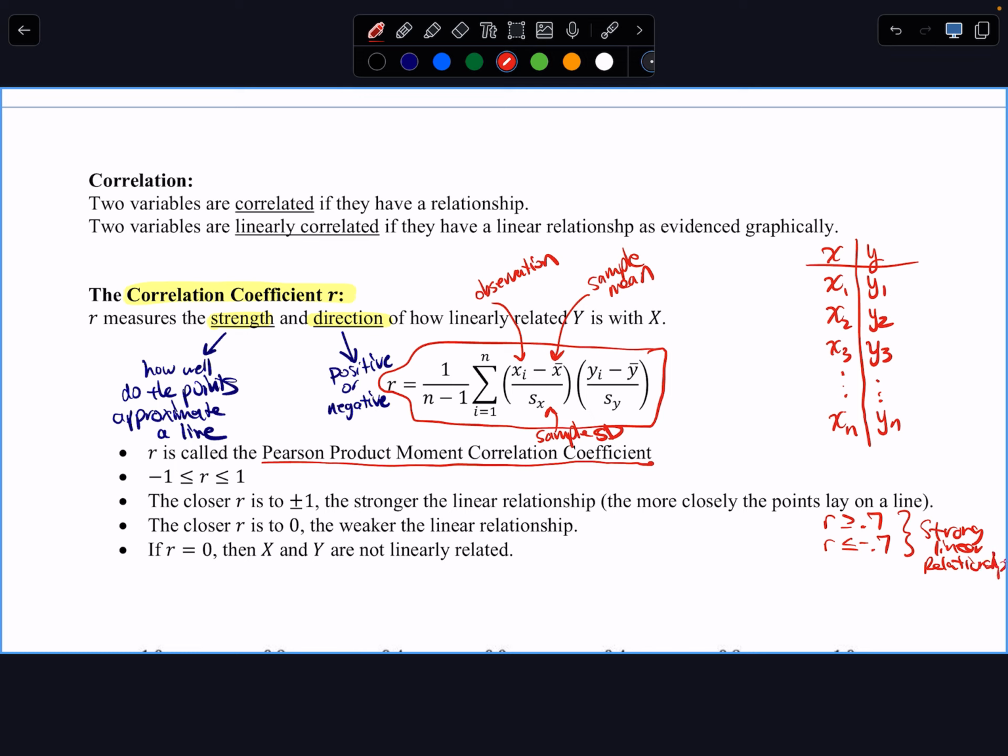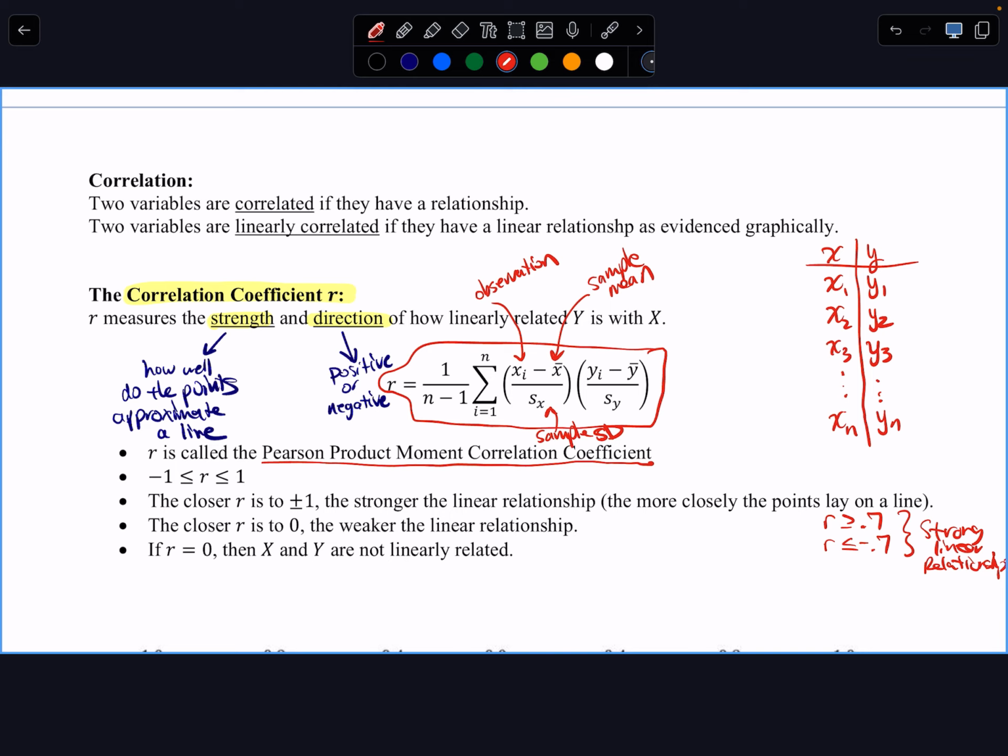You can kind of use that as a rule of thumb. Now, you may get out of here and go to biology, and they're going to say a correlation of 0.8 or -0.8 is strong, right? So there's some argument in statistics about what is a strong linear relationship. This is probably the lowest number that people consider as a strong linear relationship.